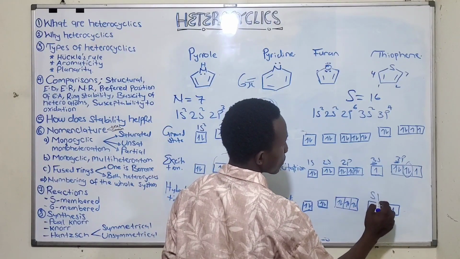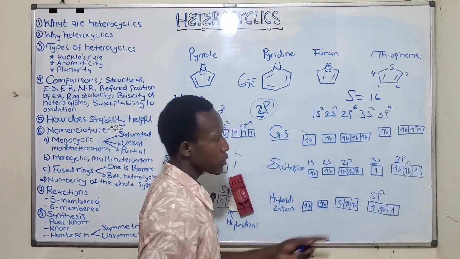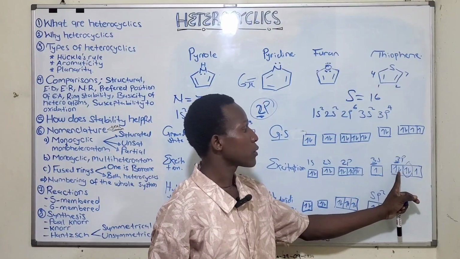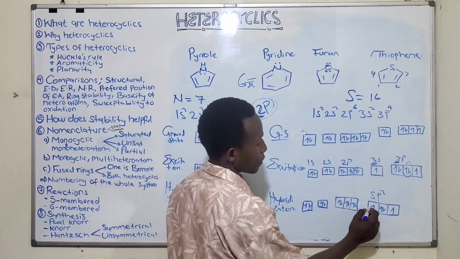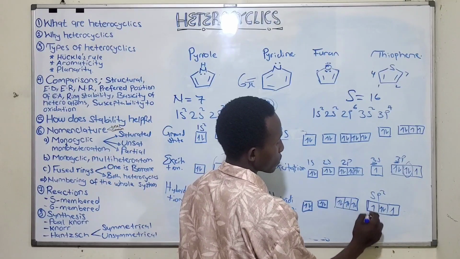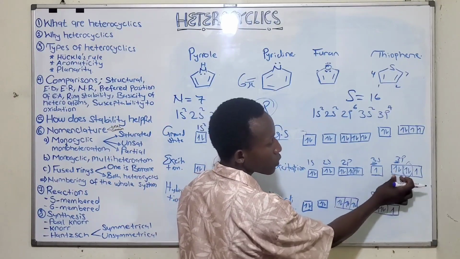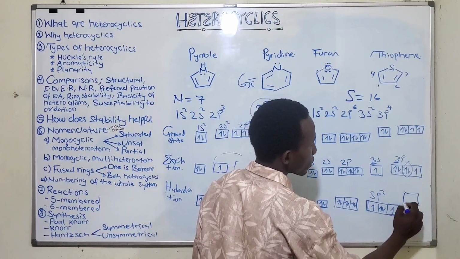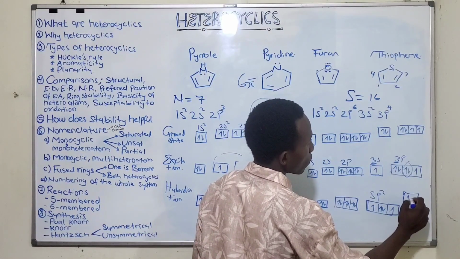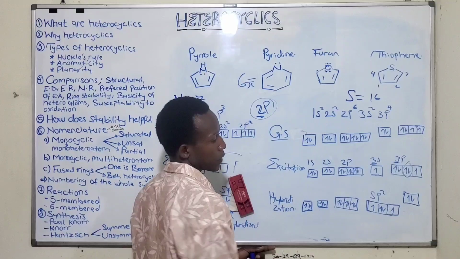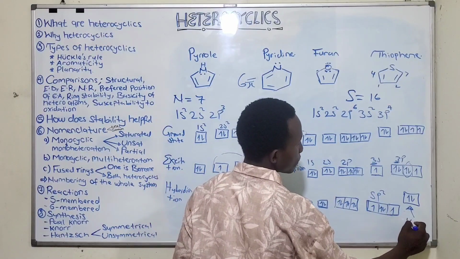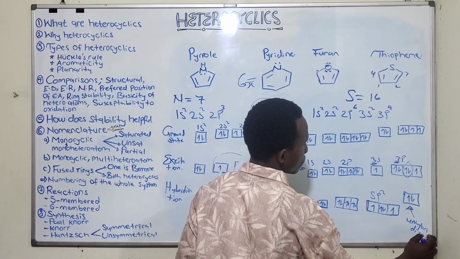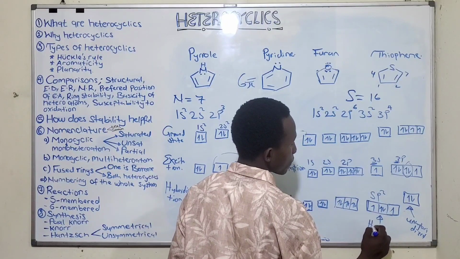So it is sp2 hybridized, 1 orbital from s and 2 orbitals from the p. Then 1 remaining p orbital with a lone pair. This is unhybridized. This is the hybridized.